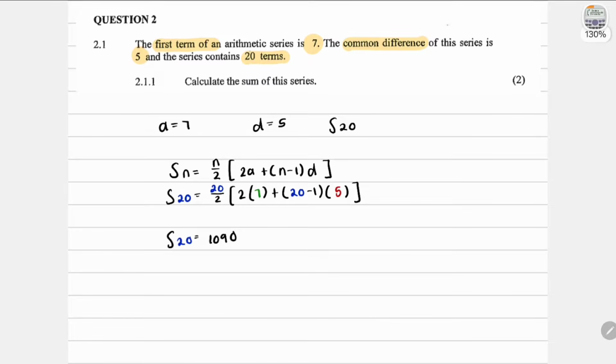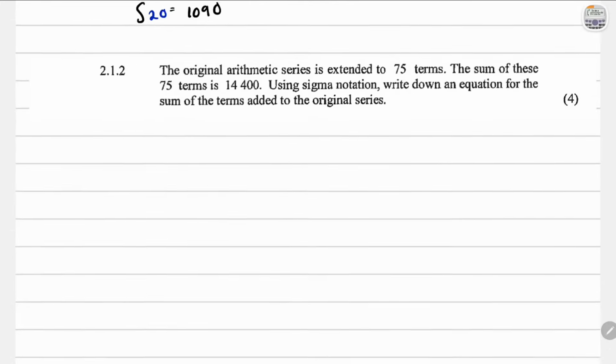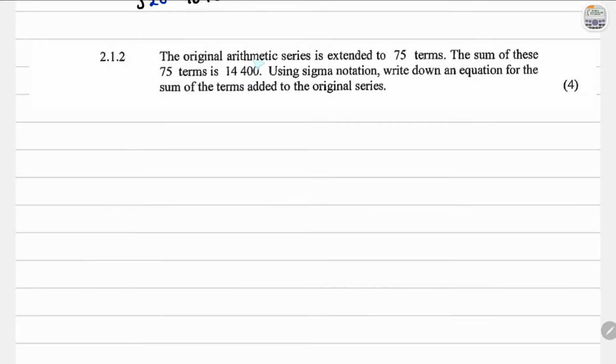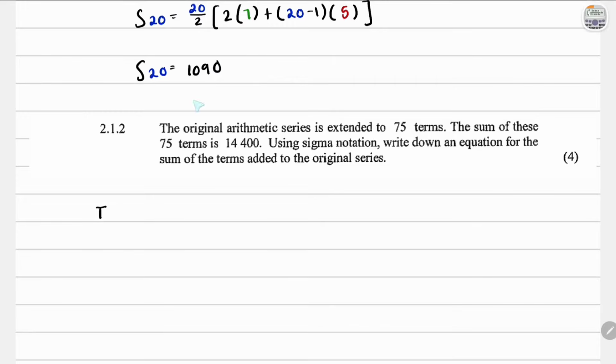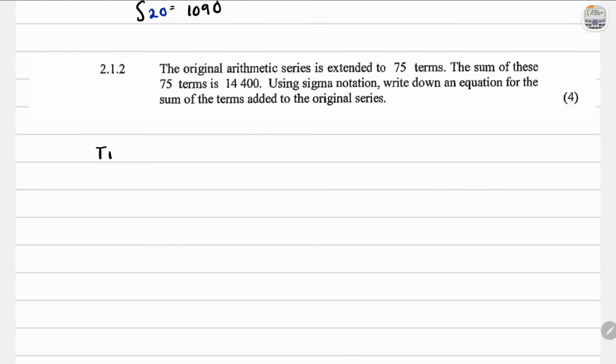Moving on to the next question. The next question, 2.1.2, says the original arithmetic series is extended to 75 terms. We should write that down. So what they told us to find was the sum of 20 terms, right? But they're saying that this arithmetic series that we have is extended to 75 terms.